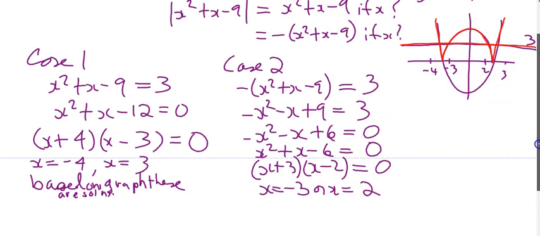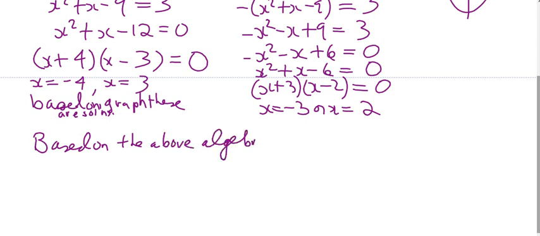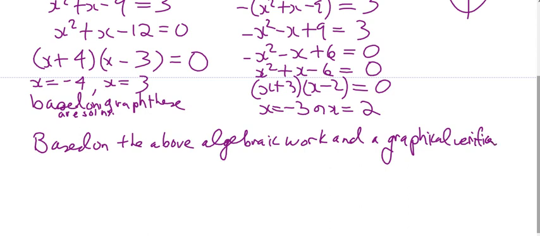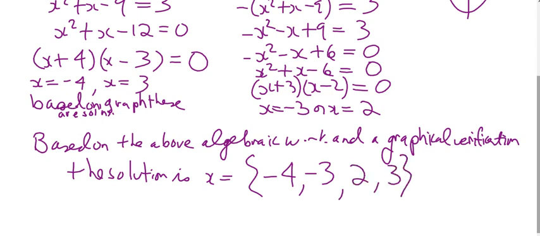So let's just say, based on the above algebraic work and a graphical verification, the solution is x equals, let's go in order, negative 4, negative 3, 2, and 3.